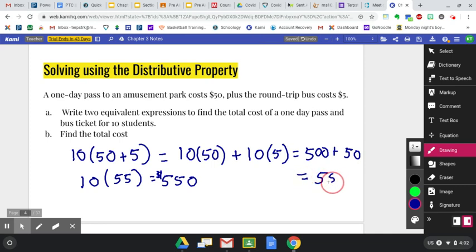And again, we get 550 for the total cost, right? So we could multiply each one individually by the 10, add them together, or we could add the 5 and 50 for the total cost per person of $55 and then multiply that by the 10.